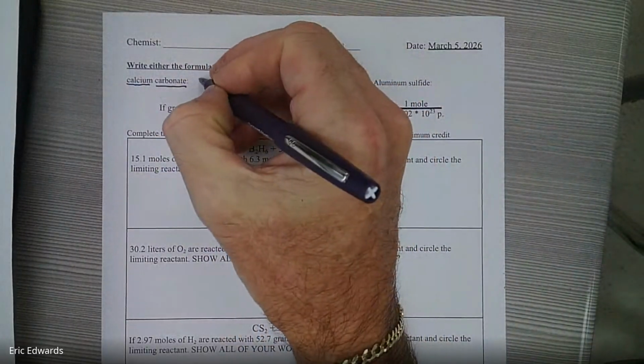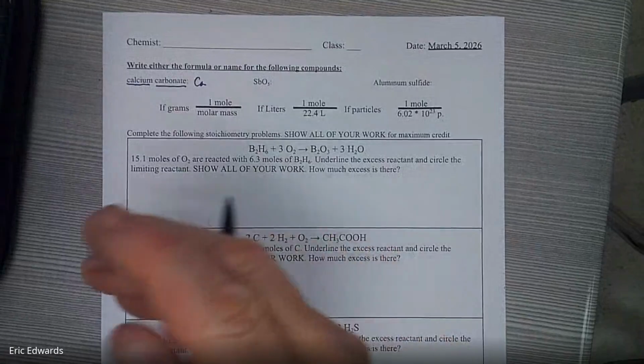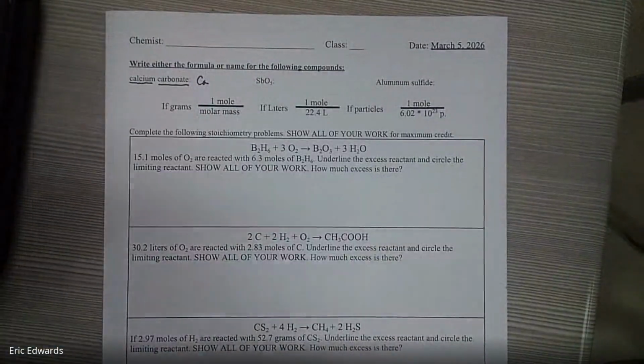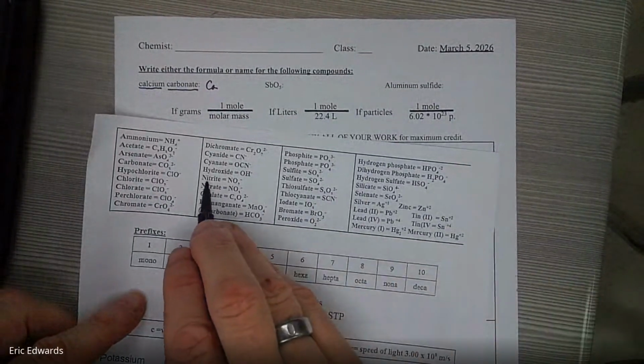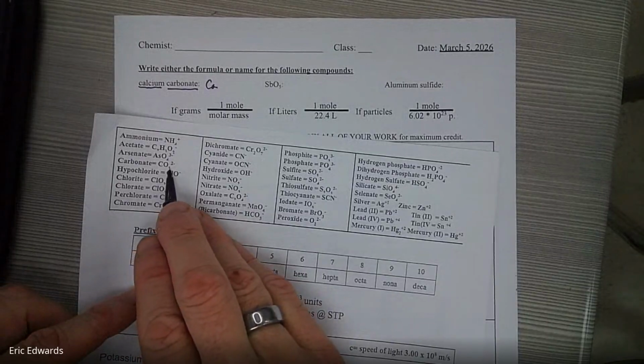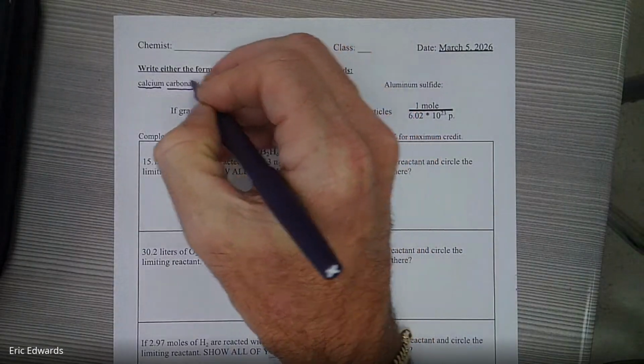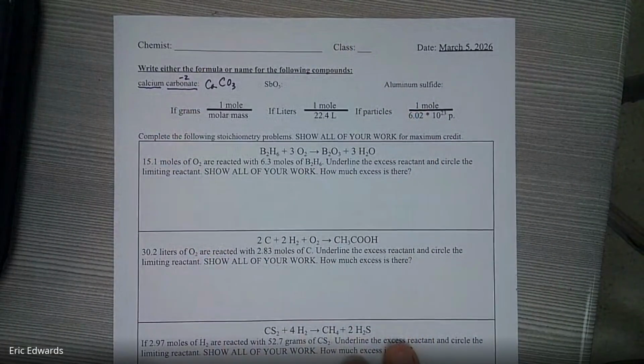So calcium is going to be Ca, and carbonate is on the back here, and carbonate is CO3 2 minus. So I'm going to put CO3, and then I'm going to put a -2 above that to remind me.